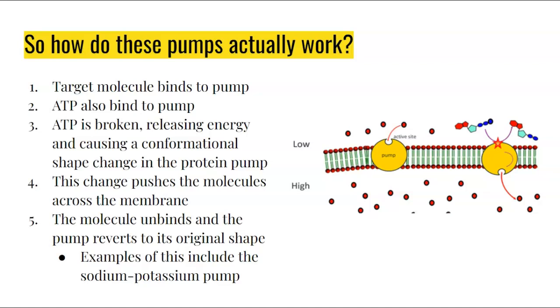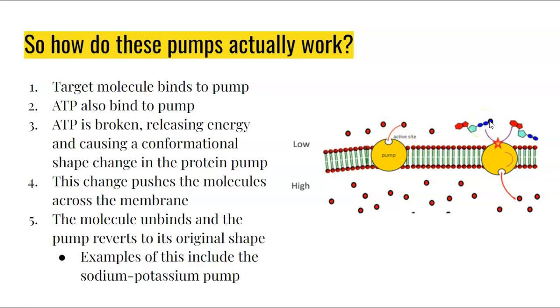So talking about how these pumps actually work, we sort of just talked about it, but we'll talk about it with this picture now. So we have whatever molecule we are trying to push through, we'll target and bind to a pump. So this little red dot will go into this little pump here, and then ATP will also bind to this pump.